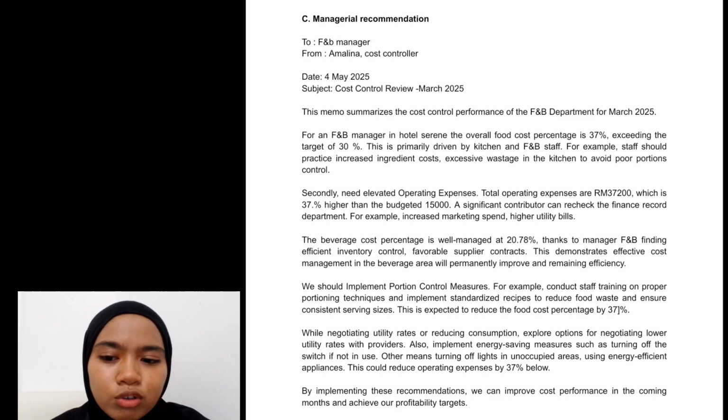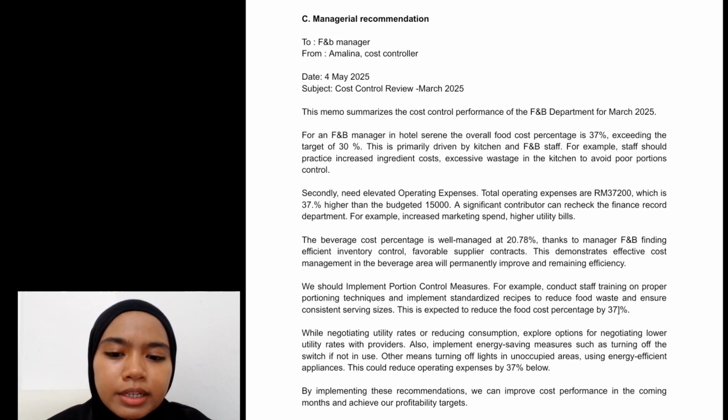It can reduce operating expenses. By these recommendations, we can improve cost performance in the coming months and achieve the profit target.